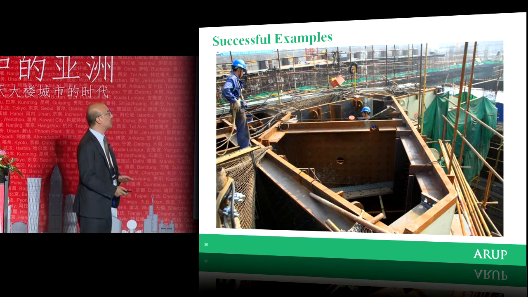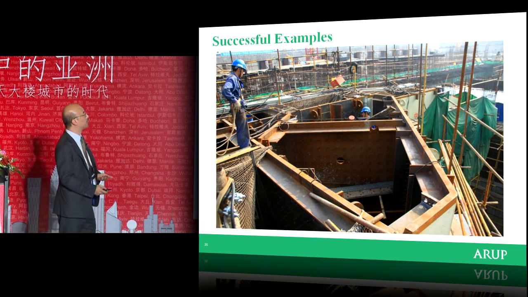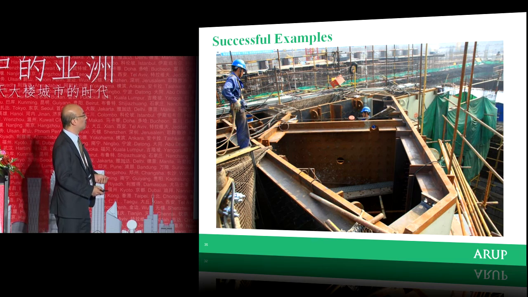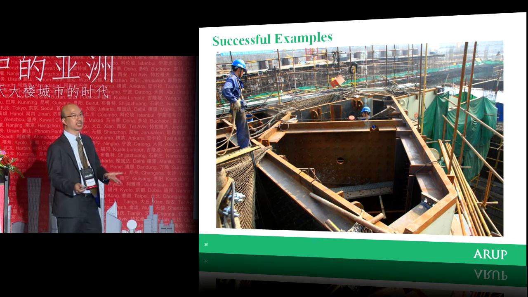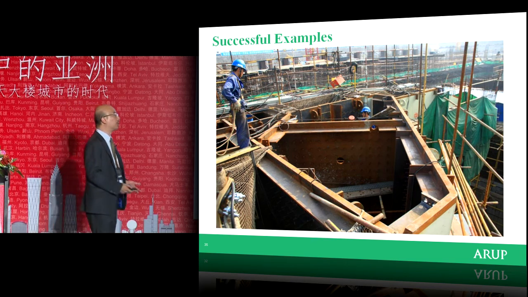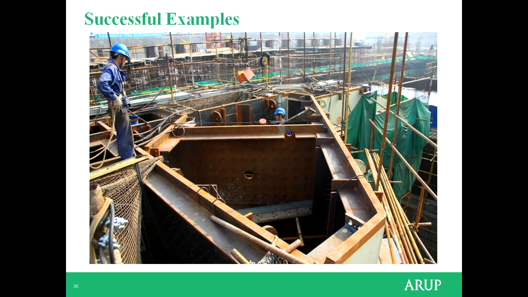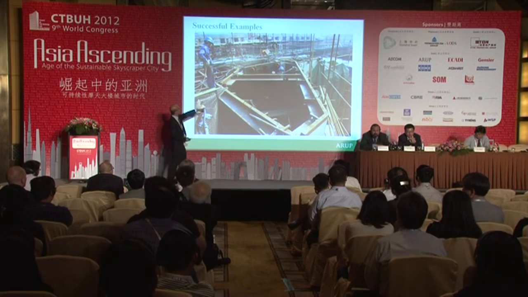And also, this is the real example of that mega column for Tianjin 117. The building is 600 meters tall, and the column size at the base is 11.5 by 4.5 meters, pretty big. You can see we have a multicellular section, and you can see the stiffeners and so on. This is the column.